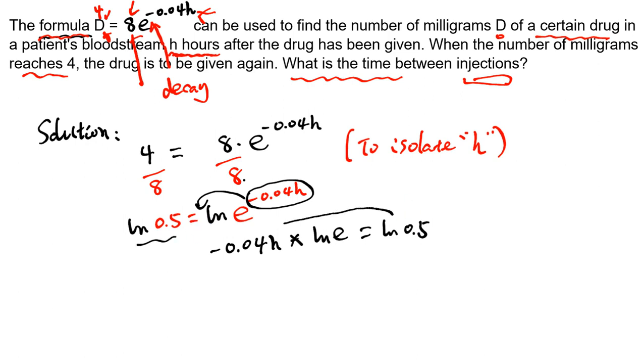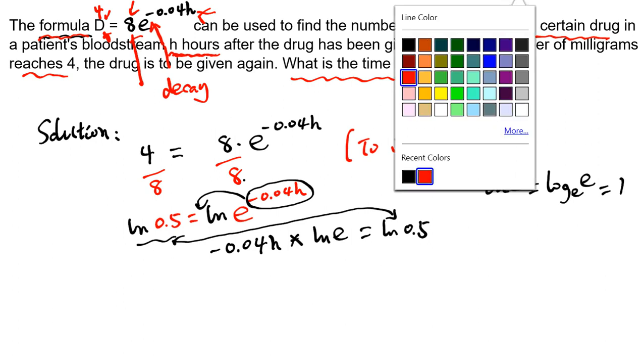We know natural log e is log base e of e, and when those two values are equal, as we said before, it is 1.